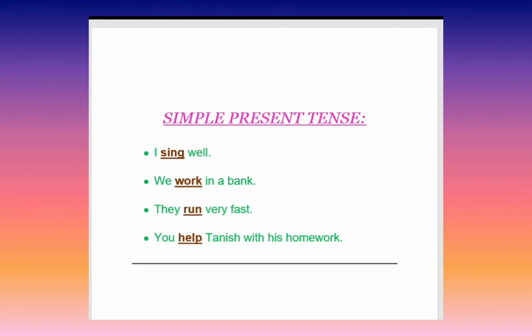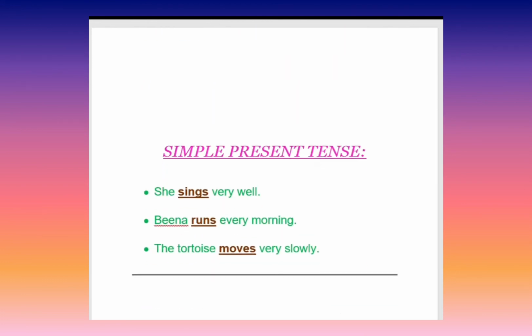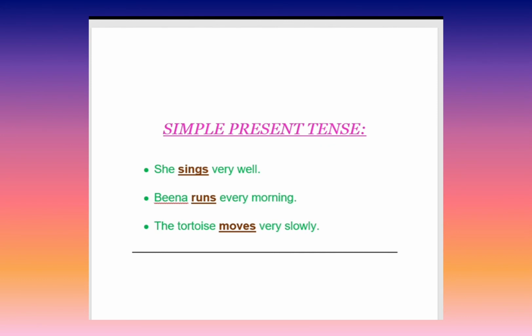Then we use the S form of the verb with singular nouns, the pronouns he, she and it, or in case of a singular subject. For example, she sings very well, Bina runs every morning, the tortoise moves very slowly.